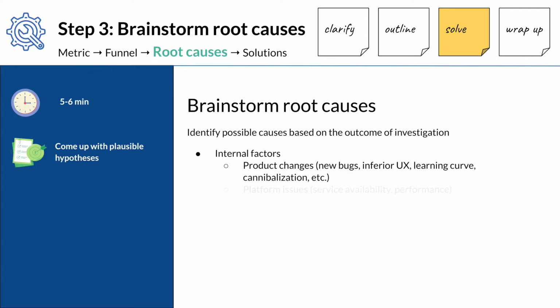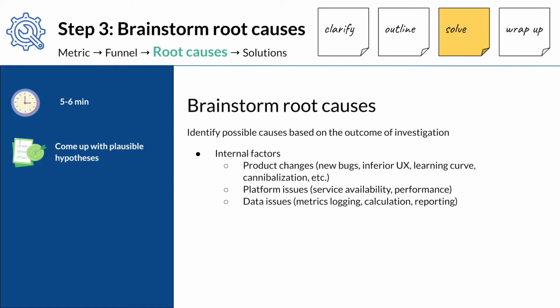Platform issues, things like performance, reliability, service availability. These issues can make the product less usable and lead to a drop in engagement or a change in user behavior. And it's always a good idea to consider issues with the data itself, due to logging, data pipelines, how the metric is calculated and reported.